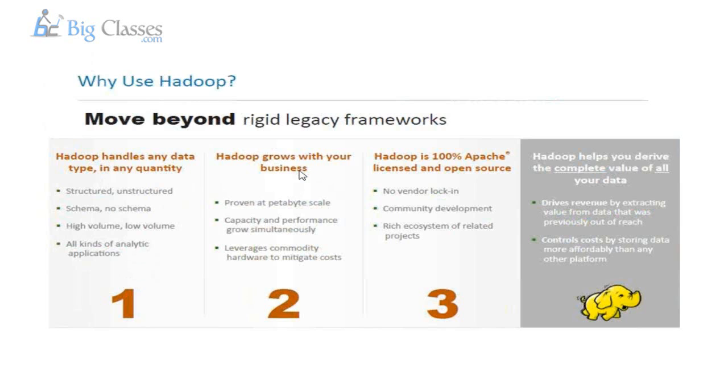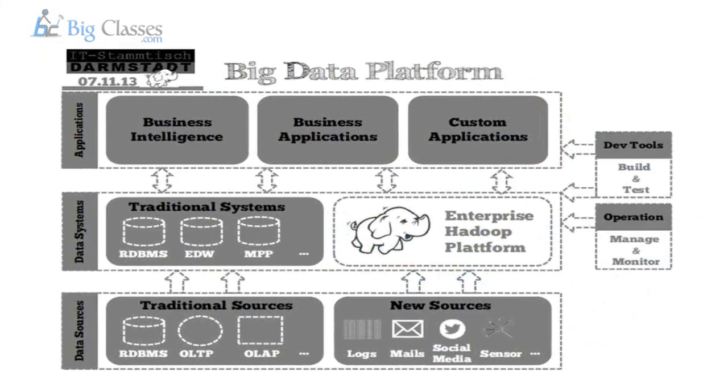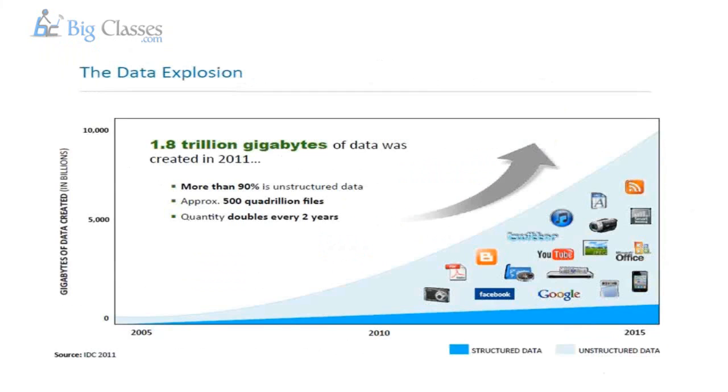And the second thing is that Hadoop grows with your business. Earlier it was proven at terabyte scale. Now capacity and performance grow simultaneously. You are seeing here, in the previous diagrams, the data is exploding. I don't want to put a limit on my storage systems or my processing systems and then say, hey, I'm done with the storage, I'm done with the processing.